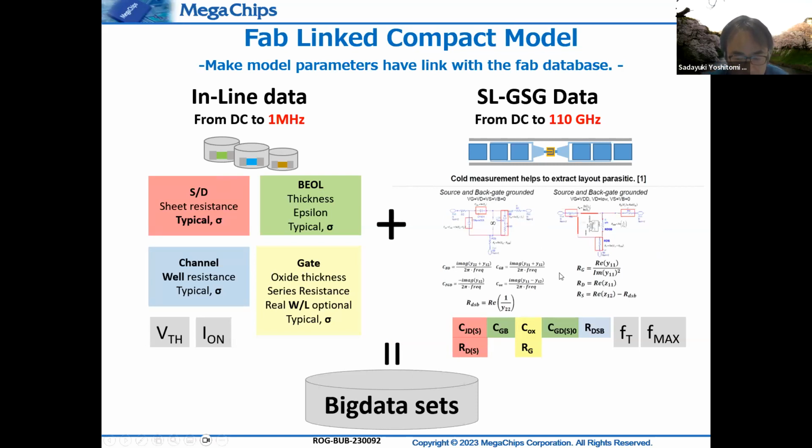The use of scribe line GSG patterns provides us with much variable information that helps us explore the statistical variation of the transistors, because this pattern is almost the same size as the transistors in the circuit.